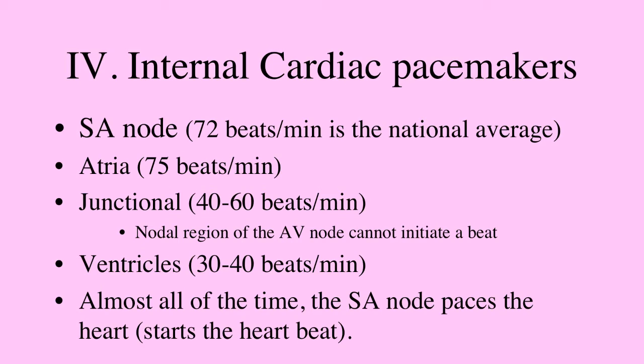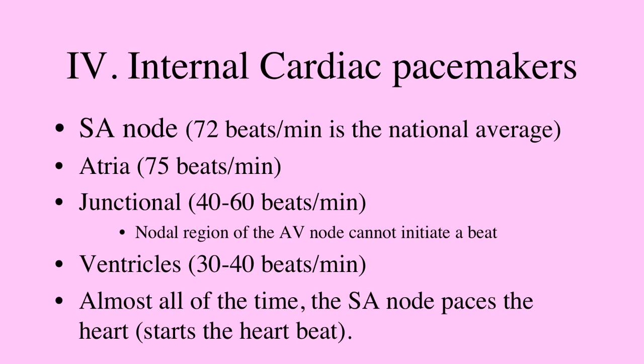If the SA node doesn't work right, if it fails for some reason, later in the course, not in this module, we'll be talking about different backup systems to the SA node, and these occur in the atria, junctional area, and ventricles. And these we'll end up calling escape beats or rhythms, either one. And again, later we'll talk more about that.